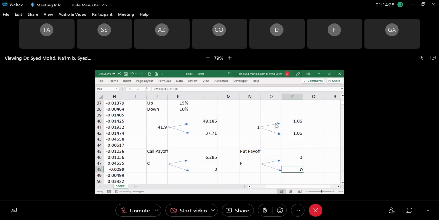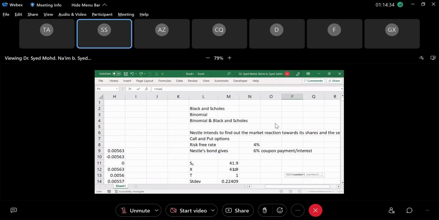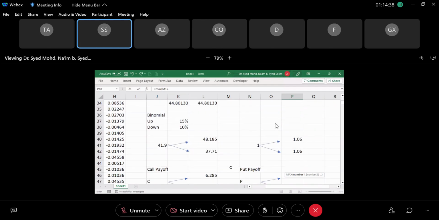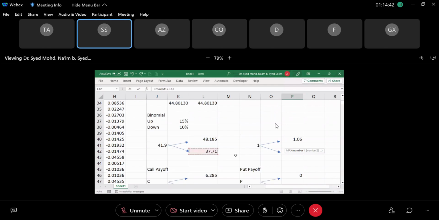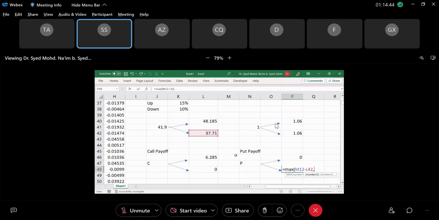Then it is equal to max, strike price again, strike price minus price going down, or 0, close bracket, right?